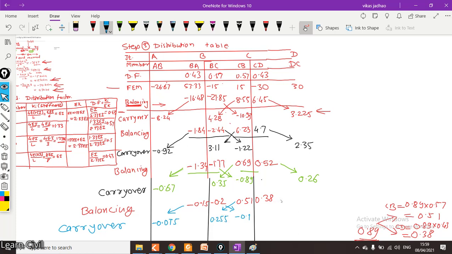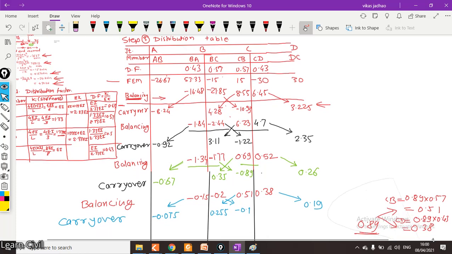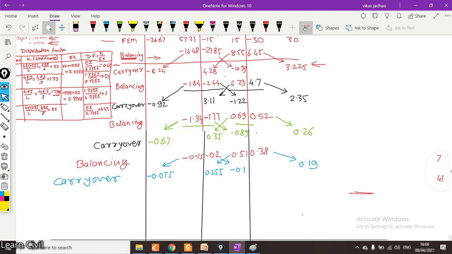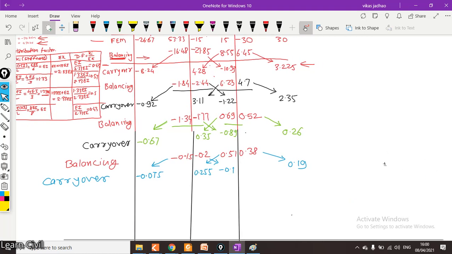And half of this moment will be transferred here, so this will be 0.19. So this is carryover, and the next step will be again balancing. So go for balancing.